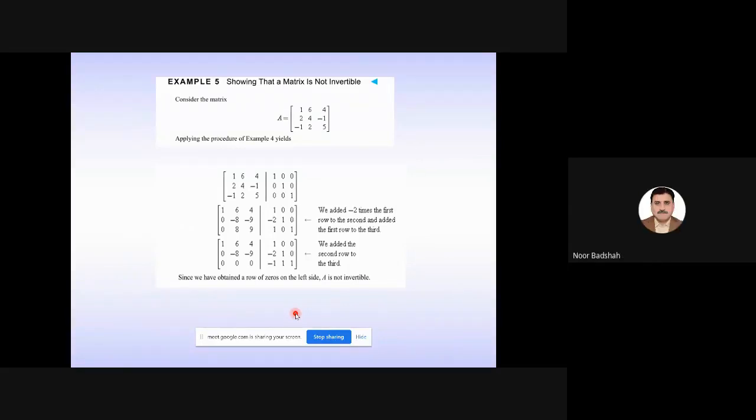So if you want to know whether this matrix is invertible or not invertible, there are two ways to do it. One, if you know determinant, so you find determinant of it, and if it is 0, it will be singular and inverse doesn't exist. But sometimes you feel that finding determinant at the beginning is laborious.